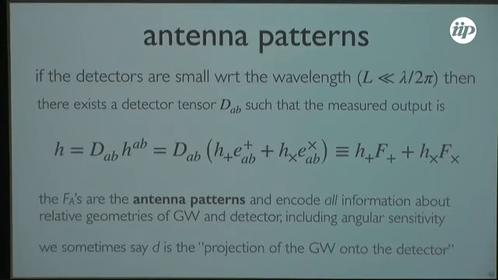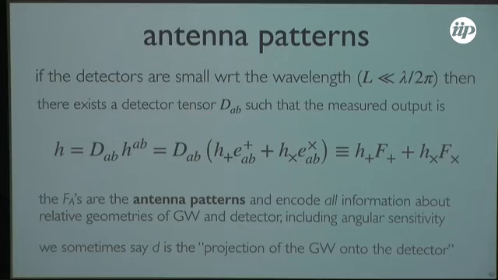Mathematically, what's going on is that if the detectors are small with respect to the wavelength, we can think of the measurement process as a linear filter that's applied to the gravitational wave, and we can forget about frequency dependence and so on, so we just look at the geometry of which directions get stretched and squeezed at any given time. And so the output of the detector h, so the indices here are tensors, I hope you're all familiar with Einstein notation, you can write as the projection of the gravitational wave h_ab.